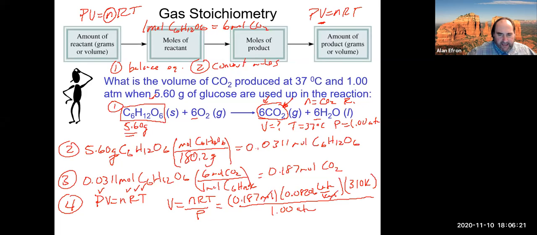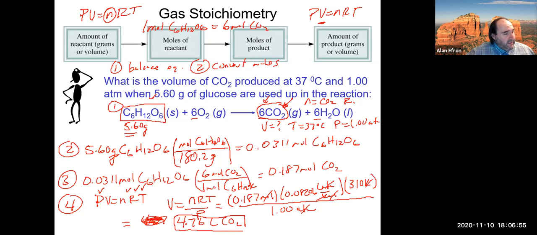Moles will cancel, Kelvin will cancel, atmospheres will cancel. This is going to give us our volume in liters. So 0.187 times 0.08206 times 310 is going to give us 4.76 liters of CO2 produced in this case.